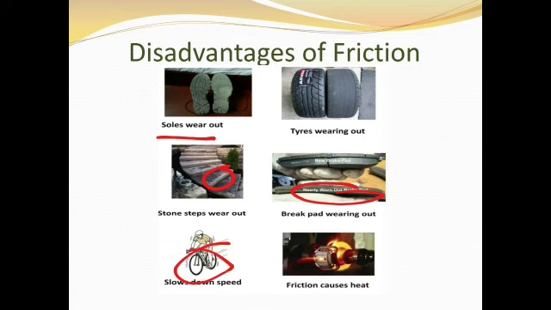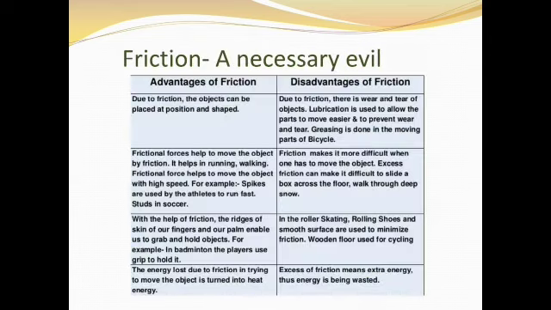Then the friction causes heat. Now, friction is a necessary evil. Due to friction, there is wear and tear of objects, and it prevents the moving parts of a bicycle from moving freely.